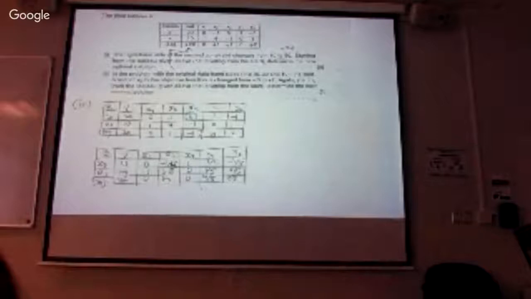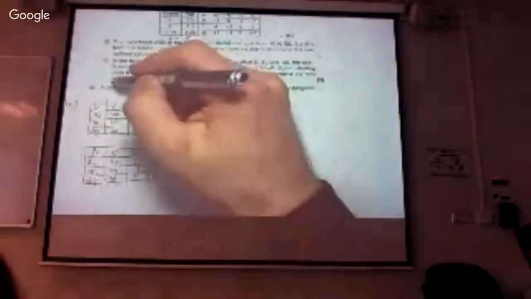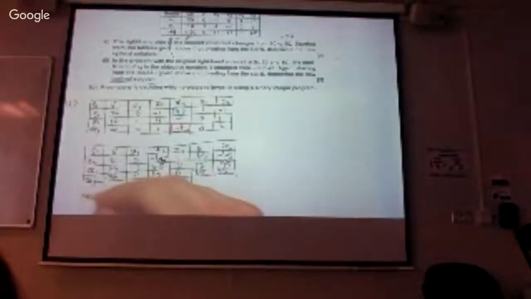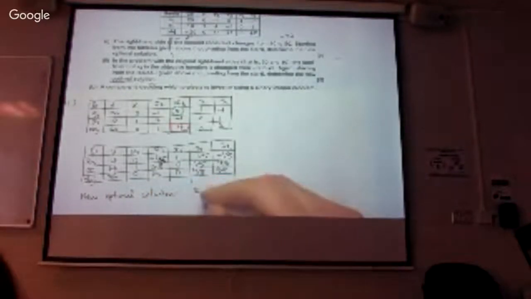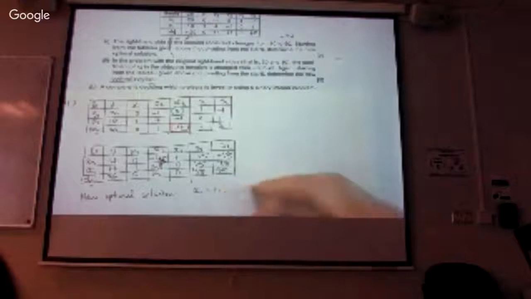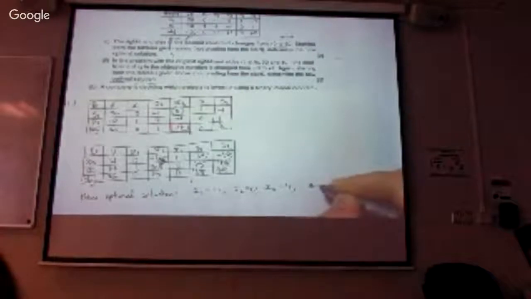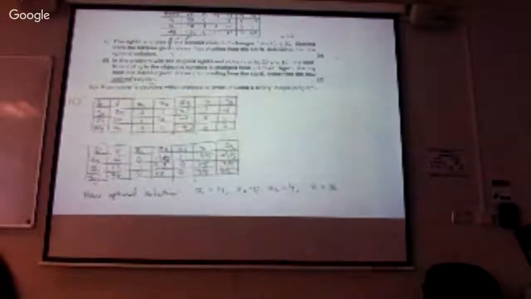Okay. Oh, so for completeness, because it says determine the new optimal solution, we should say new optimal solution. X1 is 14, X2 is 0, X3 is 4, Z objective is 36. Slack, I'm not too bothered.